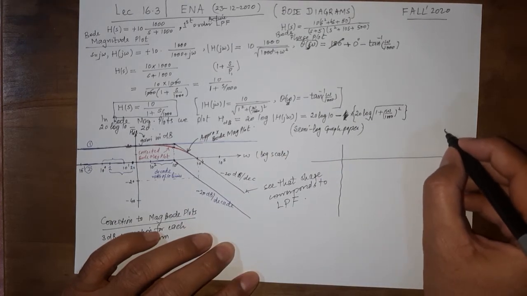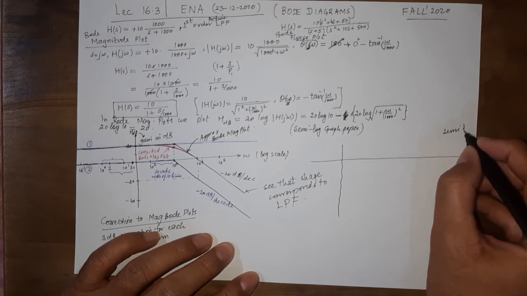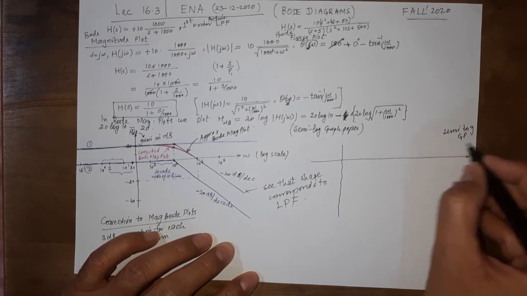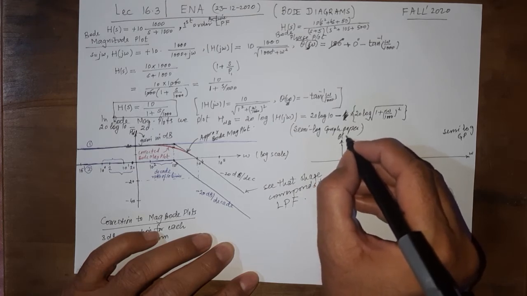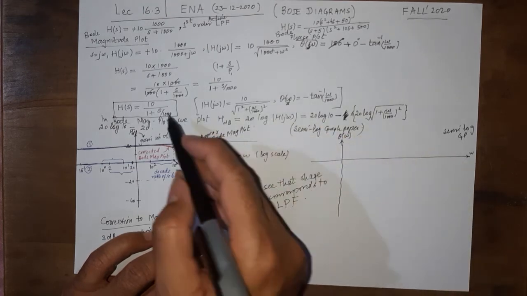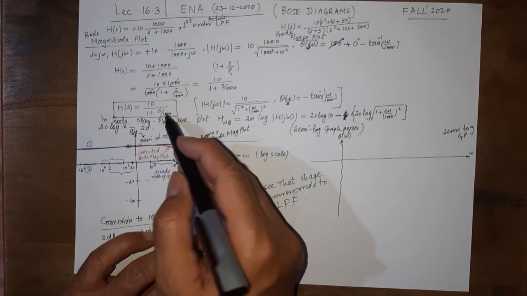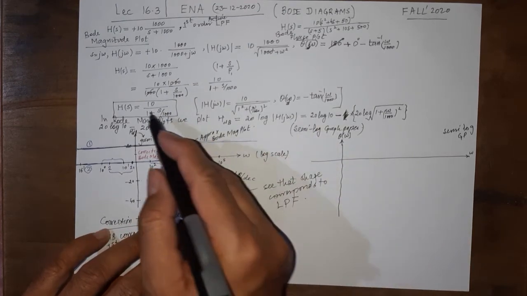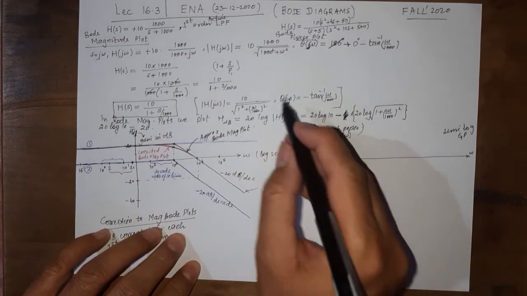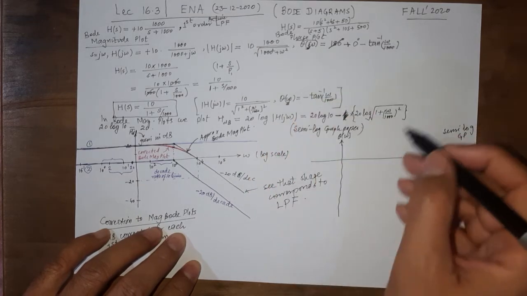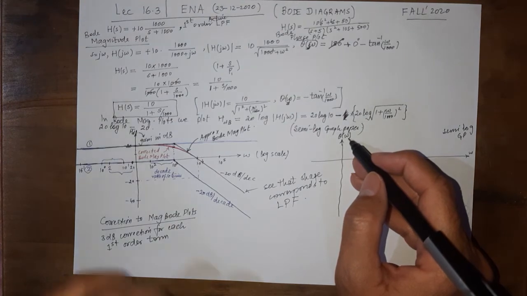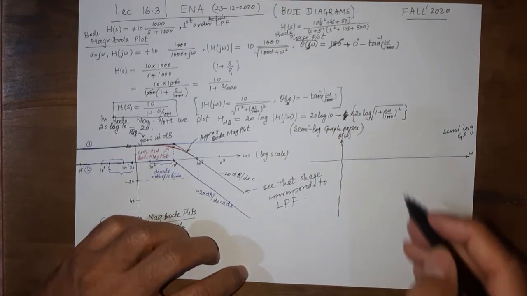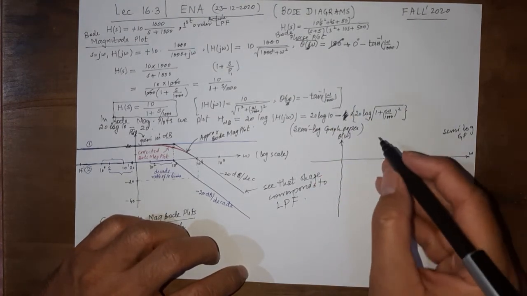Again, the phase plot is also drawn on semi-log graph paper, and here it is not H in dB now, it is theta omega. And with this H of s, the theta omega would be this. This is the theta omega, and we just have to draw this. And we don't need to take several values and try to join them. There is a Bode phase plot.